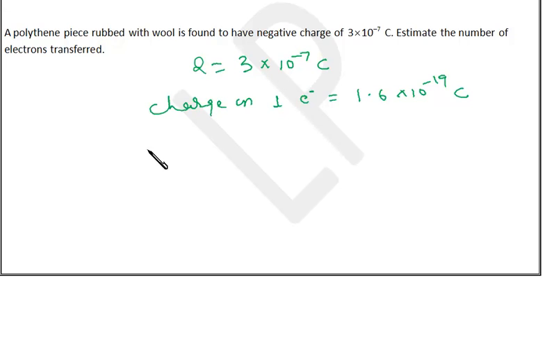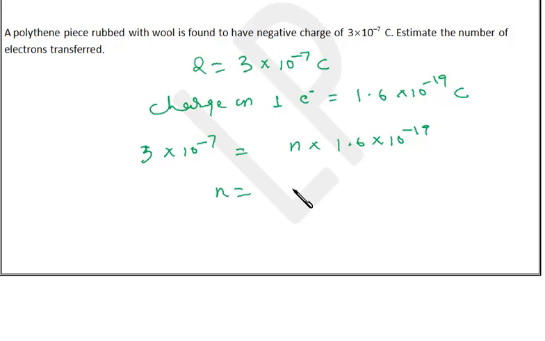So we can calculate the number of electrons. The total charge is 3 into 10 raised to power minus 7. The number of electrons is supposed to be N, and this is the charge on one electron. So N into this charge will be the total charge that is transferred.